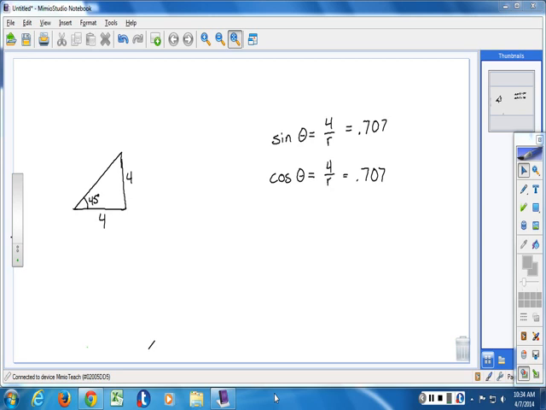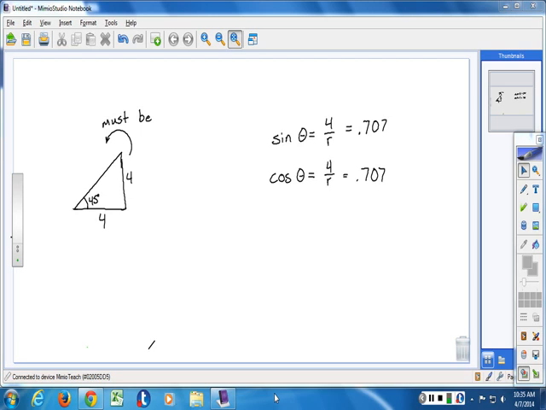So if we know that this side is 4, then this must be 4 divided by 0.707, because we know it has to be bigger. We can either multiply by 0.7 or divide by 0.7. Well, one is going to be smaller and one's going to be bigger. I hope nobody would put a smaller number here. You know, look at 4 and 4 and say, oh, that must be 2. No, that's not possible.